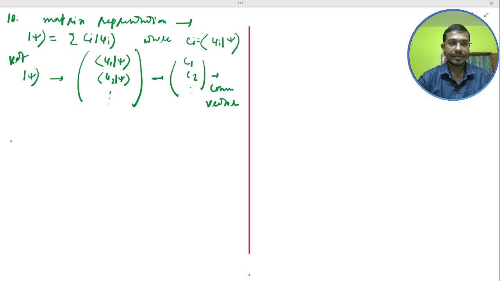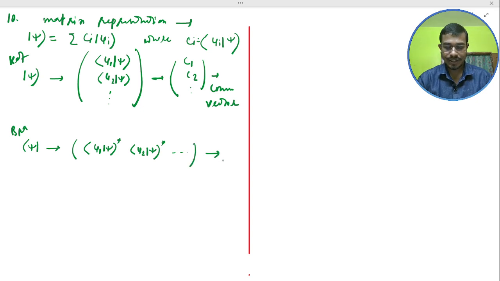Next, the bra state. This is the row vector, basically the row matrix, that is the conjugate of the phi 1 psi inner product, conjugate. Next element, phi 2 psi conjugate. Okay, dot dot. This is nothing but the row matrix of C1 star, C2 star, dot dot.